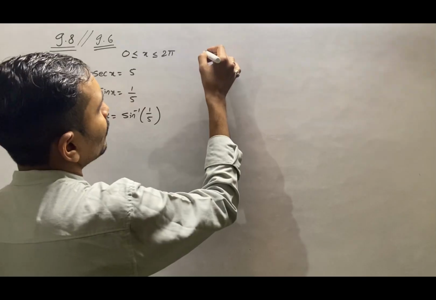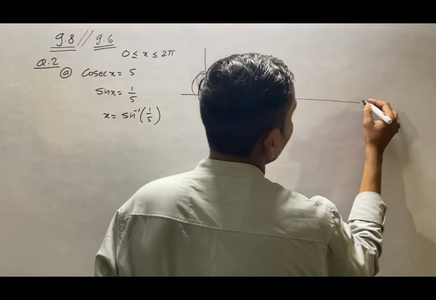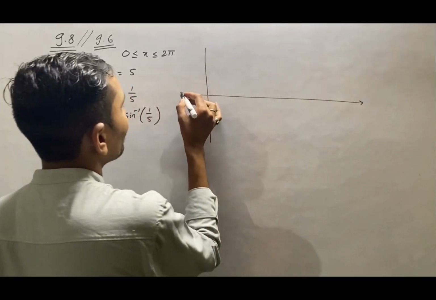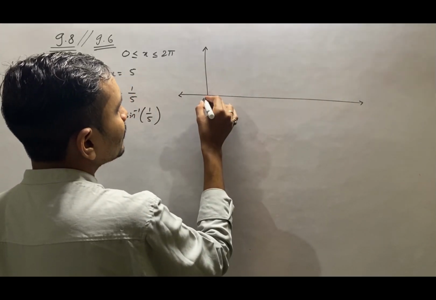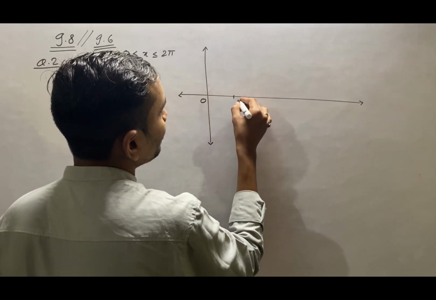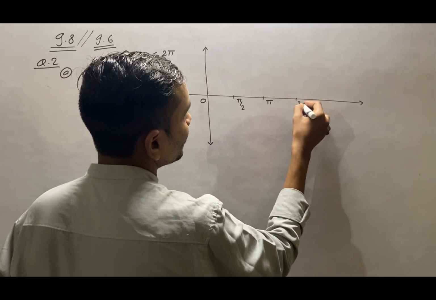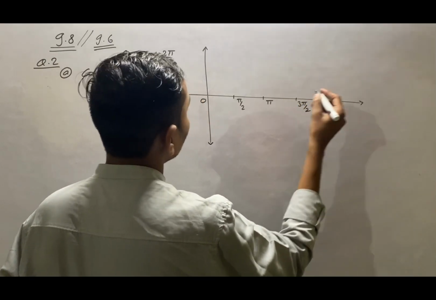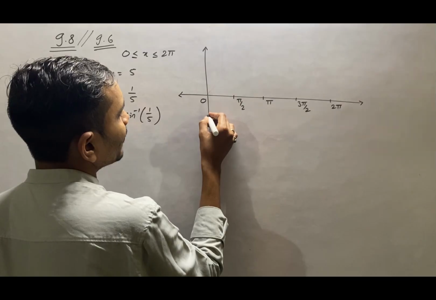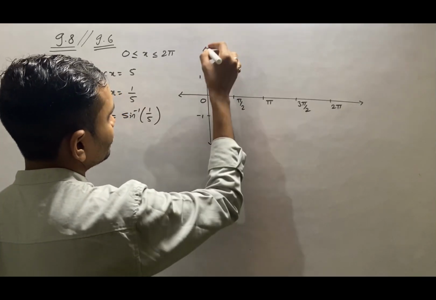So let's plot a graph of sine of x. 0, pi by 2, pi, 3 pi over 2 and 2 pi. The values of sine are negative 1 and positive 1.